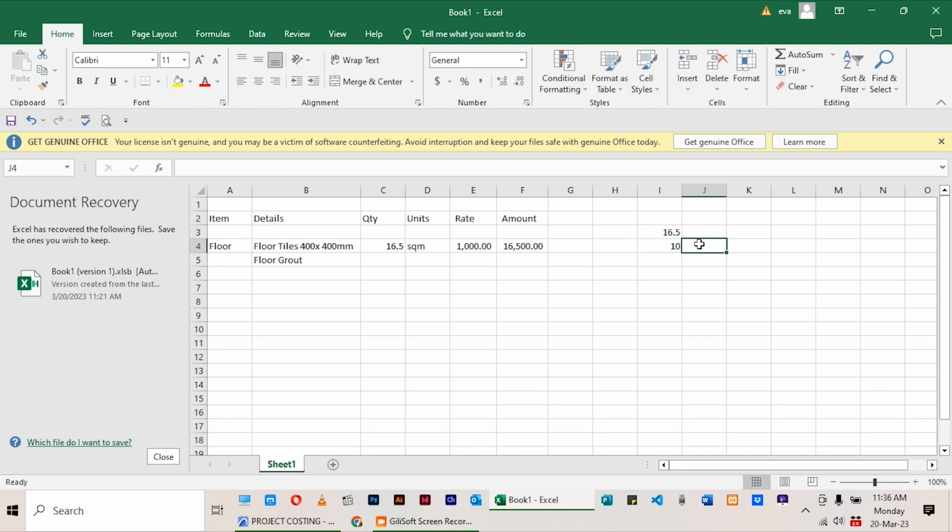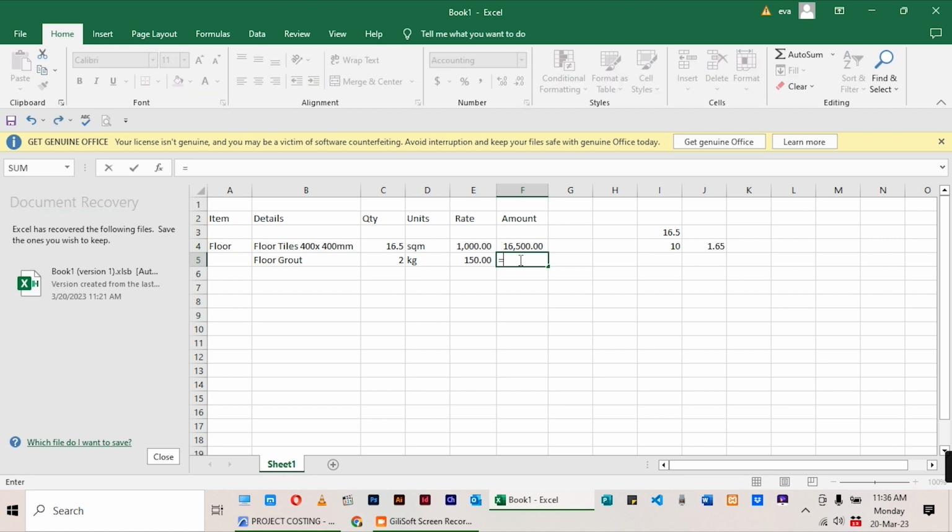So you divide this figure by this figure to give you 1.65, and that makes it 2 kgs of grout. And the rate per kg for us in Kenya, for the best one, you can go for 150. So again, multiply this by this.